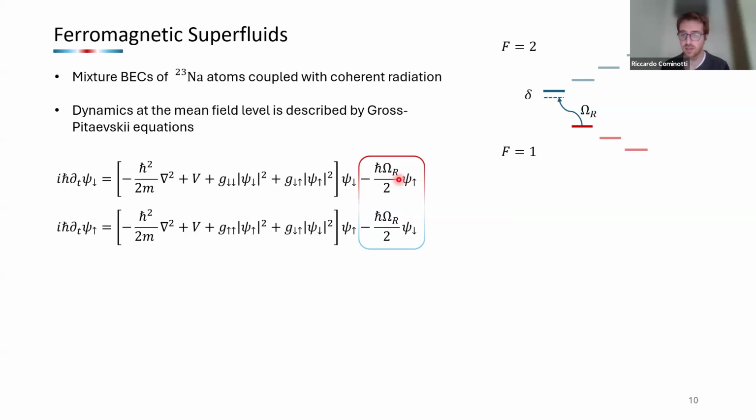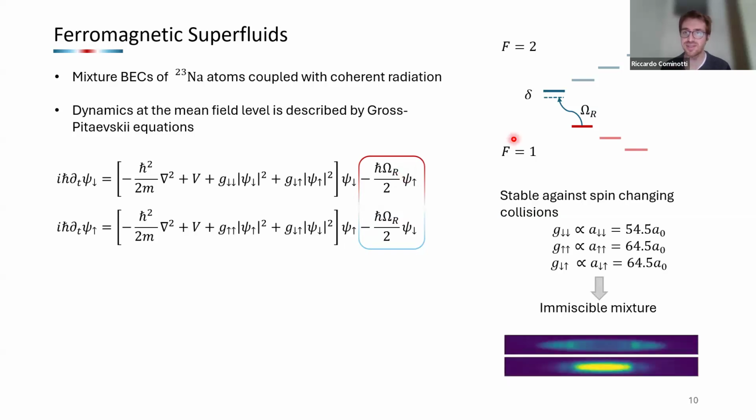Now, for the specific choice of these states, these are the values of the scattering lengths, which directly give the coupling constants. And for these values of the scattering lengths, we have a mixture which is called immiscible.